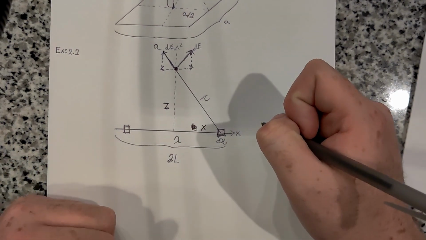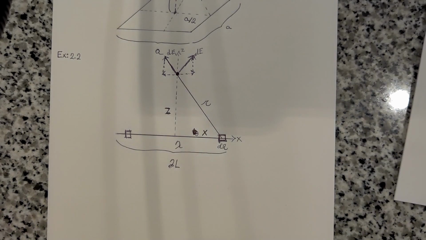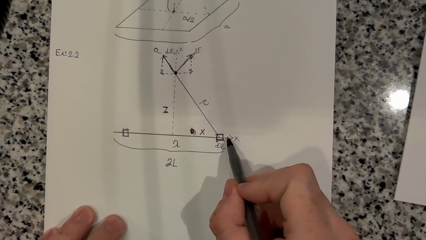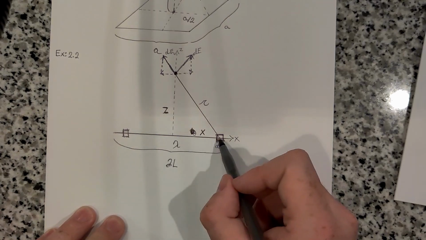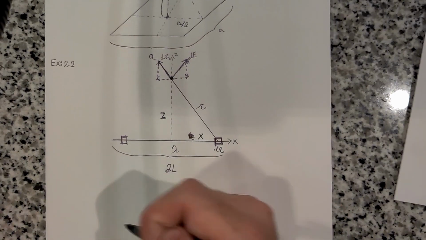So really what I'm saying is the total field is just the field of the vertical, or z, components. All of the x components of every little charge on this wire end up canceling each other out.